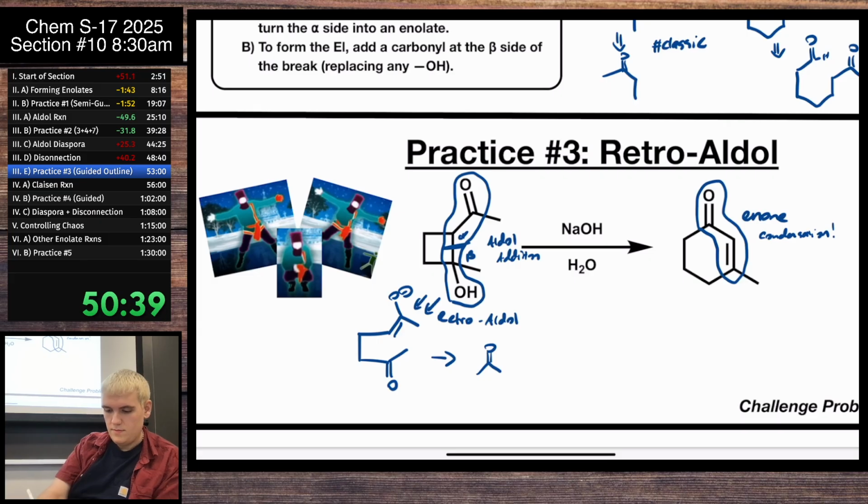2, 3. And I'm just kind of writing it out as a straight chain. Well, once we are here, we know that we have to do an aldol condensation, right?